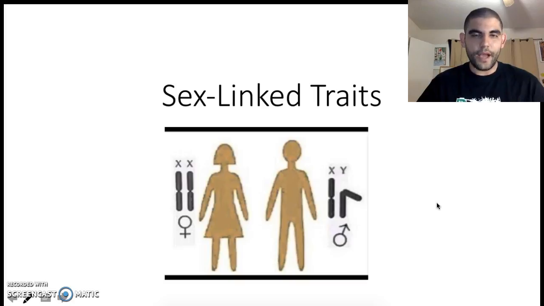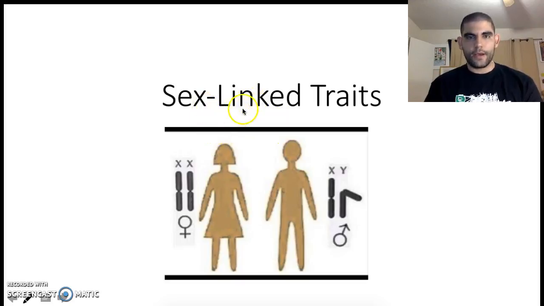Since I'm not there today, obviously, I want to make sure that you understand what sex-linked traits are and how they work, okay? Let's just start with this. Sex-linked traits are traits that are carried on the sex chromosomes.